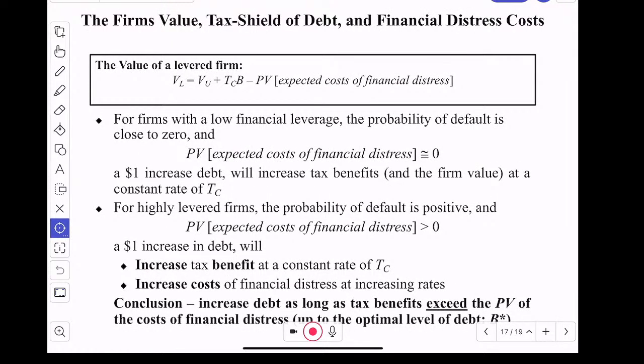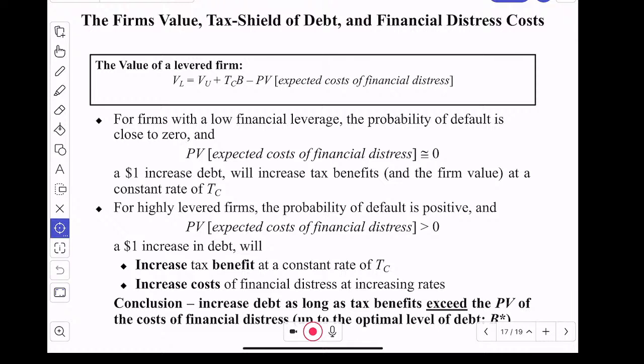So although debt adds to the value of the firm because of the present value of perpetual tax savings, at some point debt will take away from the value of the firm because of these added expenses.